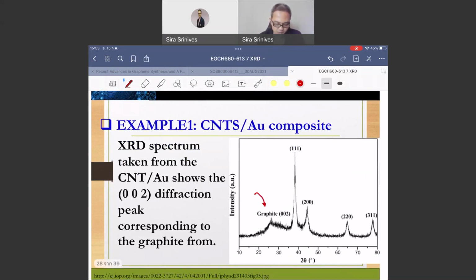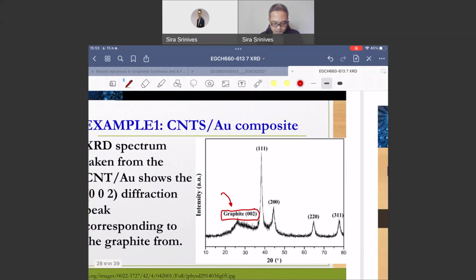this very first one represents the graphite. That means this one comes from carbon nanotubes, and it comes from the 002 plane of the carbon nanotubes.